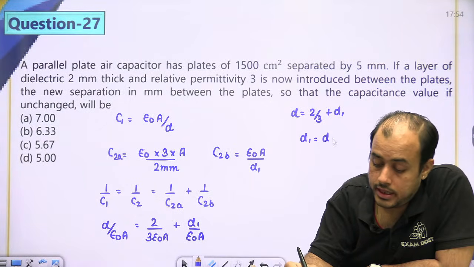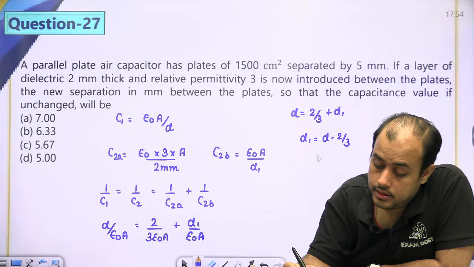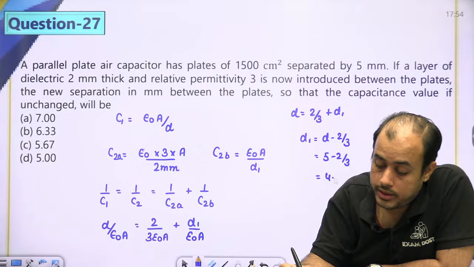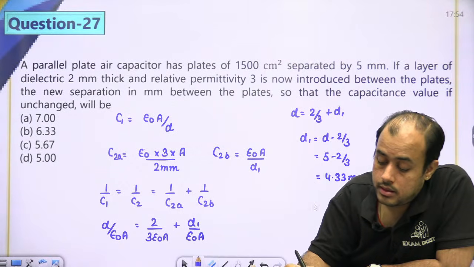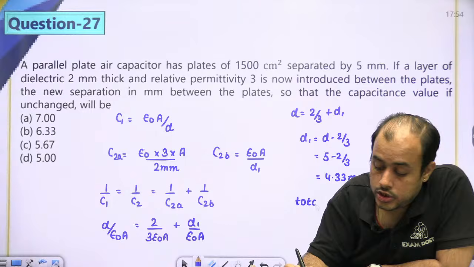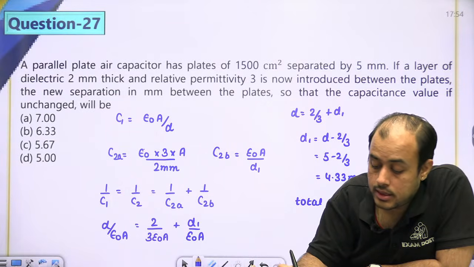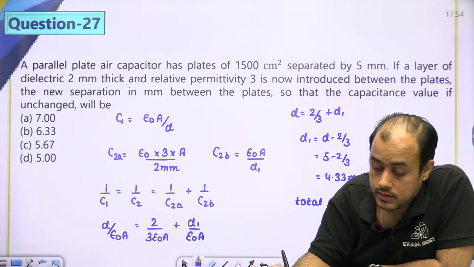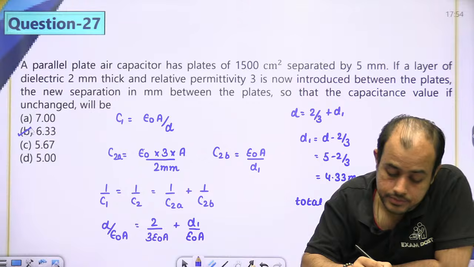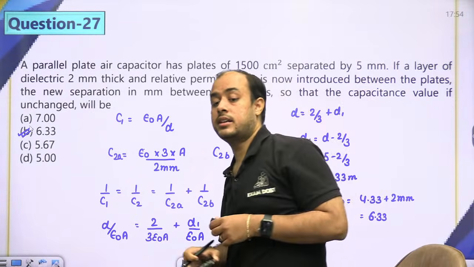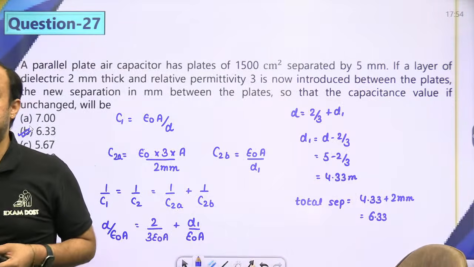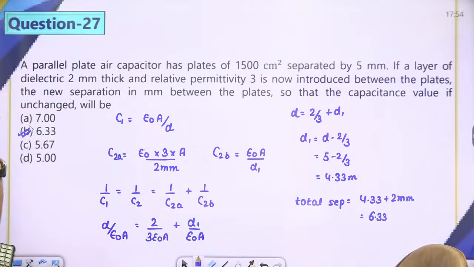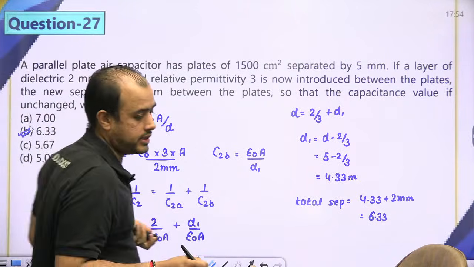D1 will be D minus 2 by 3, 5 minus 2 by 3, 4.33. So total separation, beta, this is the thickness of air plus 2 mm is the dielectric, 6.33. Understood? I got the thickness of air as 4.33 and 2 mm is the dielectric, so the total is 6.33.